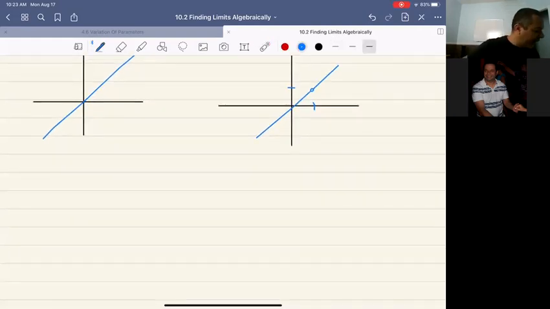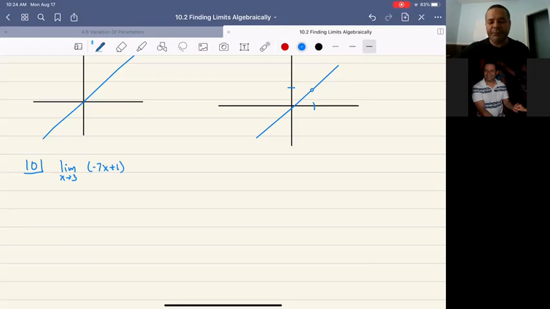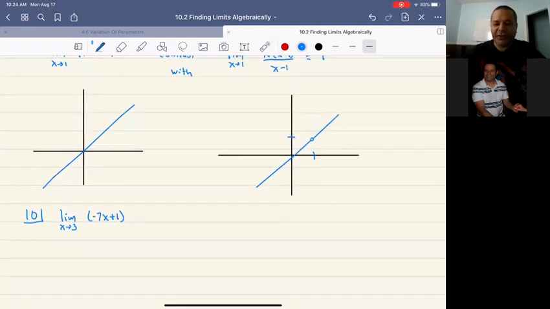Start with number 10. Number 10 says the limit as x approaches 3 of negative 7x plus 1. This is just that first case.